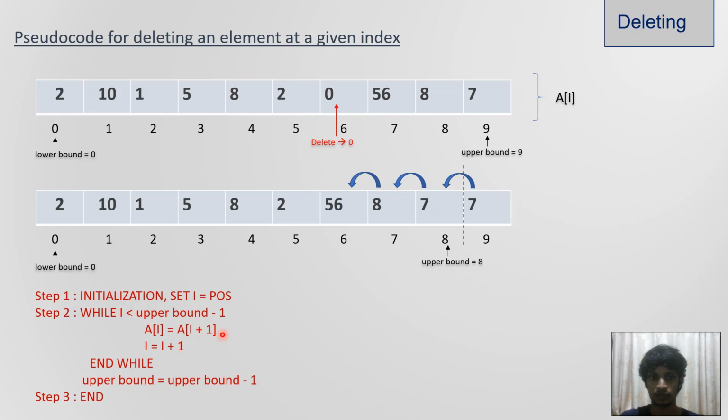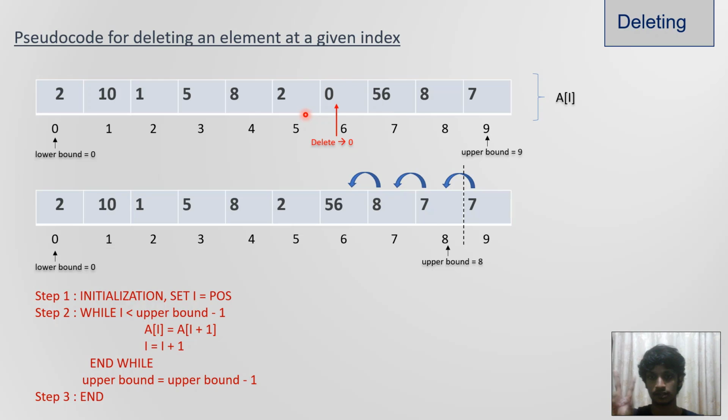Let's assume i is 6, then i+1 will be 7, then A[i] will be 56, because A[7] is 56. So A[i] is equal to A[i+1], then the 0 will be replaced by 56.